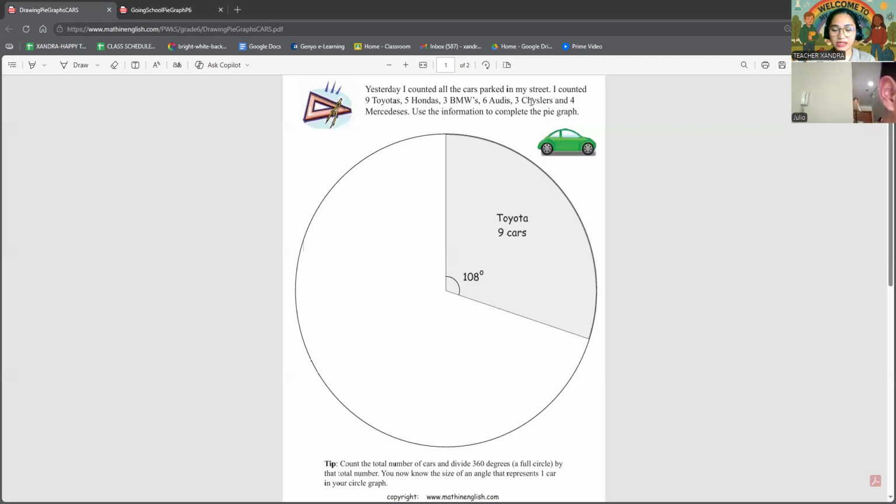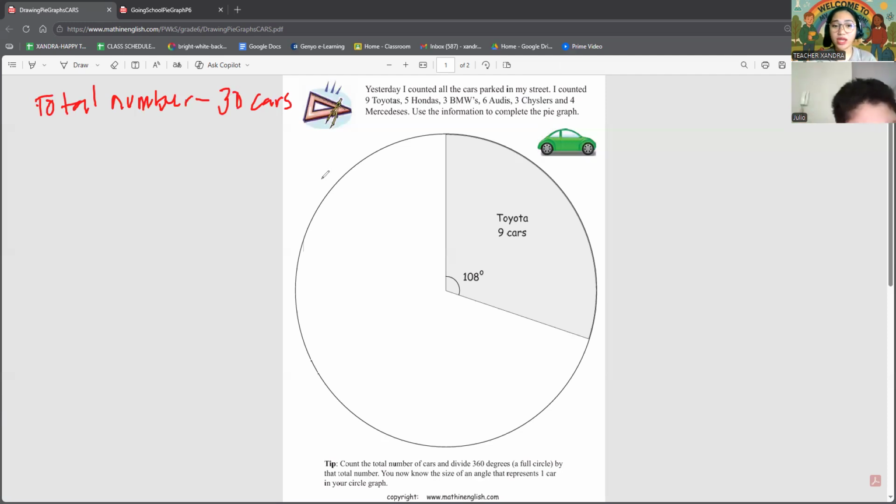Plus 6 is 23. Plus 3 is 26. 26 plus 4 is 30. Okay, that's 30. So I will write it down. The total number is 30 cars.